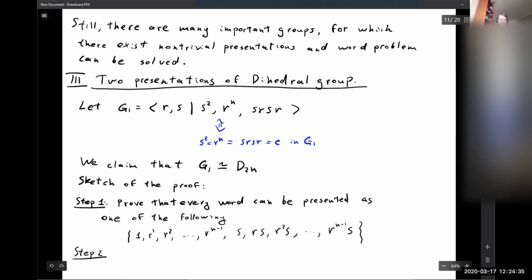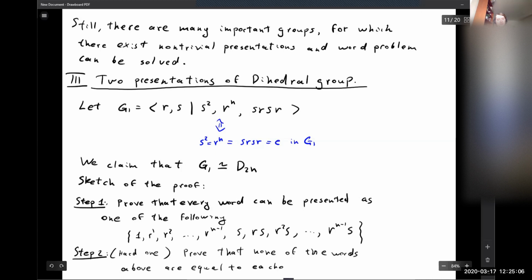Step 2, and that's actually the hard one: prove that none of the words above are equal to each other in G1.